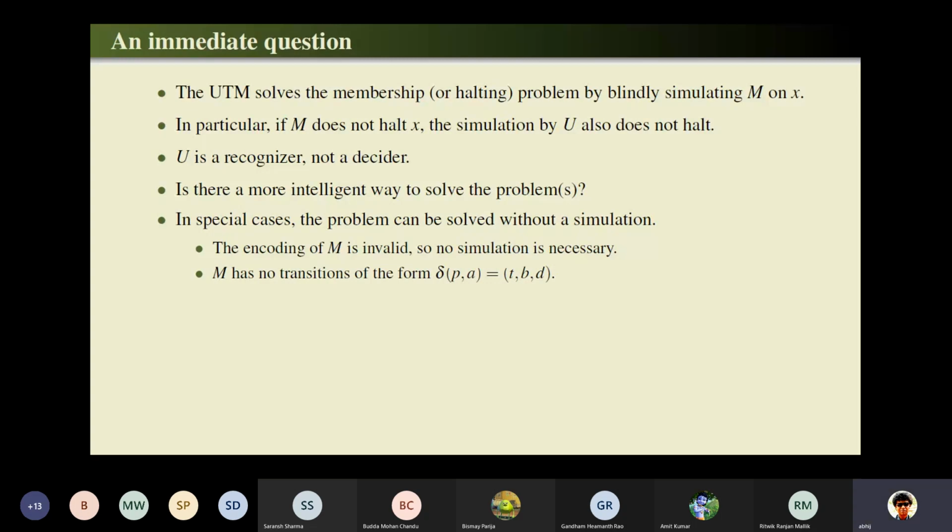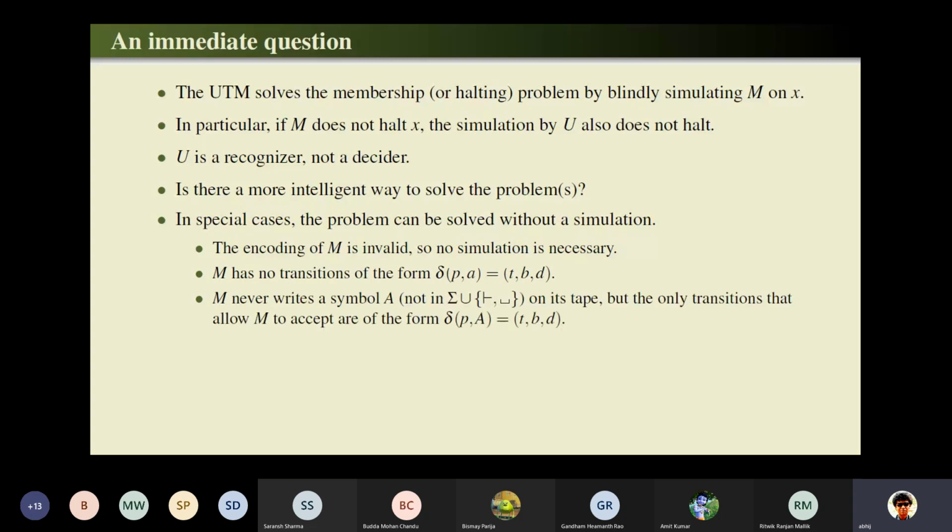You can also think of another specific situation like this. Let's say M never writes some symbol capital A to its tape, but the only way it can go to state T is by transitions of the form delta(p, A). A is not part of the input alphabet, and it is not the left end marker or the blank, so where will A come from, unless the machine itself writes it somewhere?